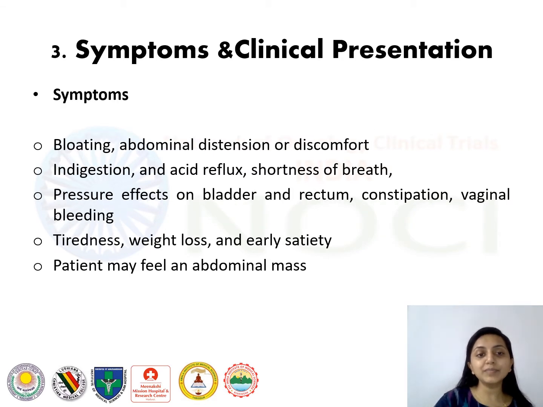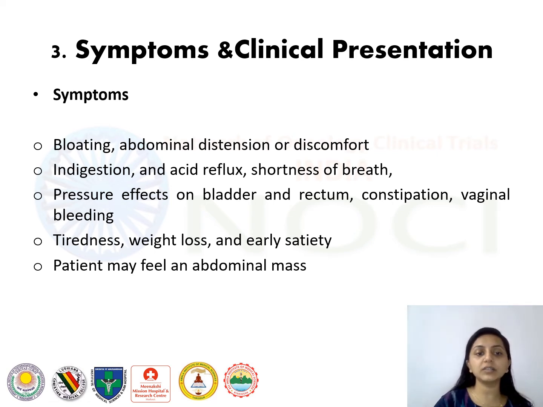So the main symptoms that a patient comes with include abdominal distension, or they would have a vague abdominal discomfort, a feeling of a gaseous distension or bloating. The patient may also feel an abdominal mass and sometimes indigestion, acid reflux, or because of the abdominal distension, they can present with shortness of breath.